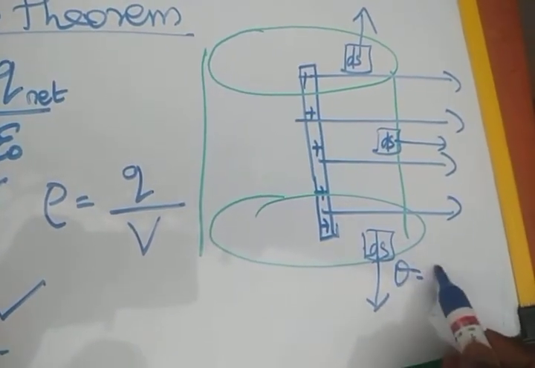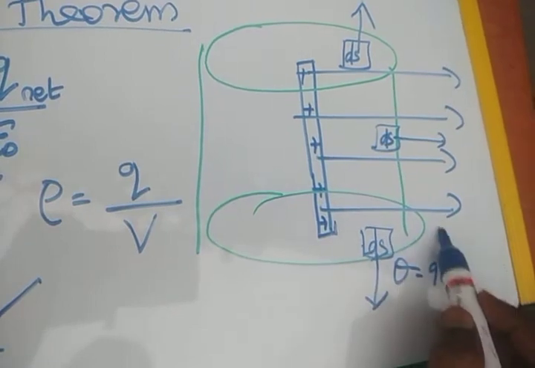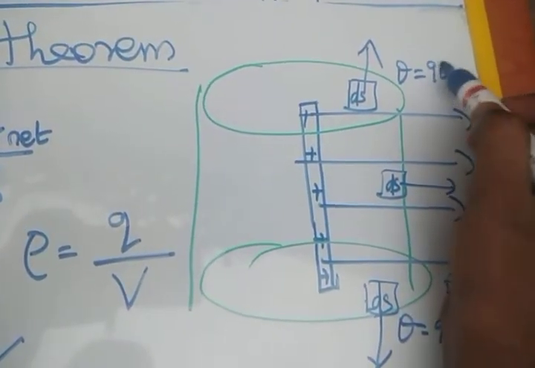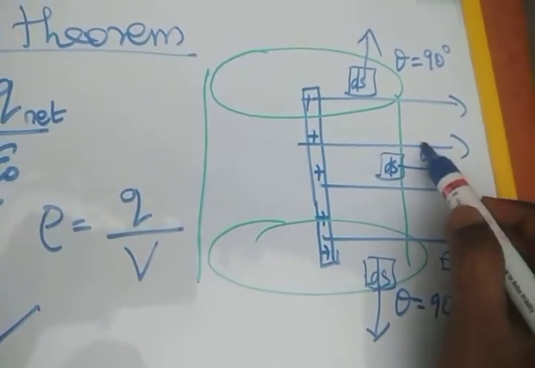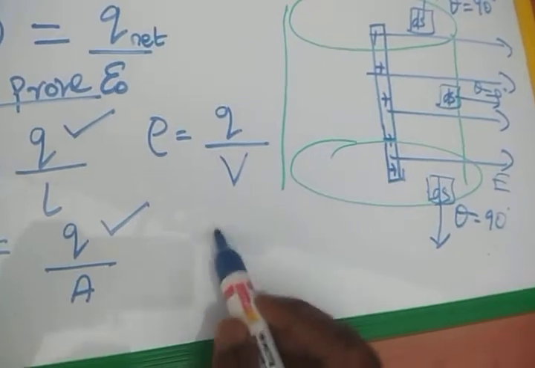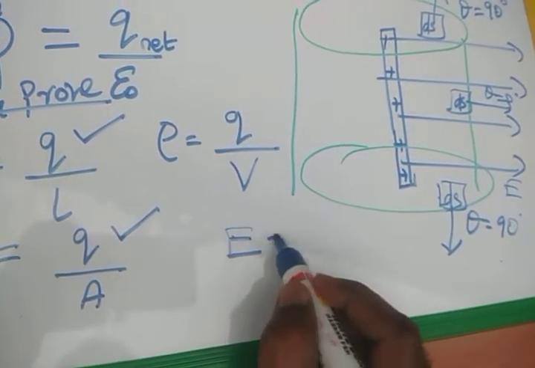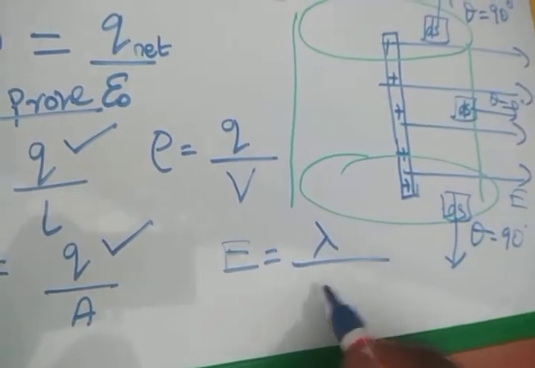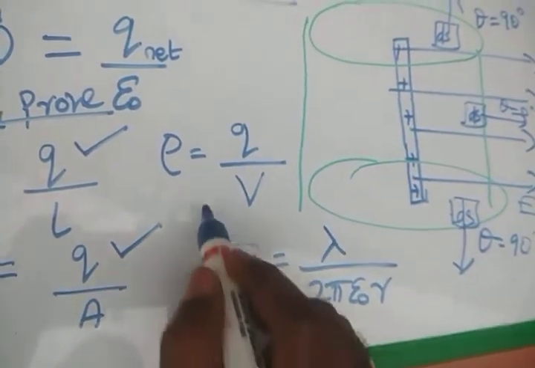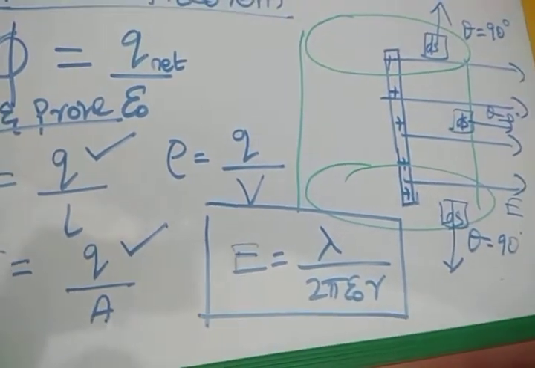Here theta is equal to 90 degrees. The angle between the electric field and the surface vector is 90 degrees at the top and bottom. On the curved surface theta is equal to 0 degrees. By using this formula, we arrive at the electric field E equal to lambda by 2 pi epsilon naught r. This is the electric field of an infinitely long wire.